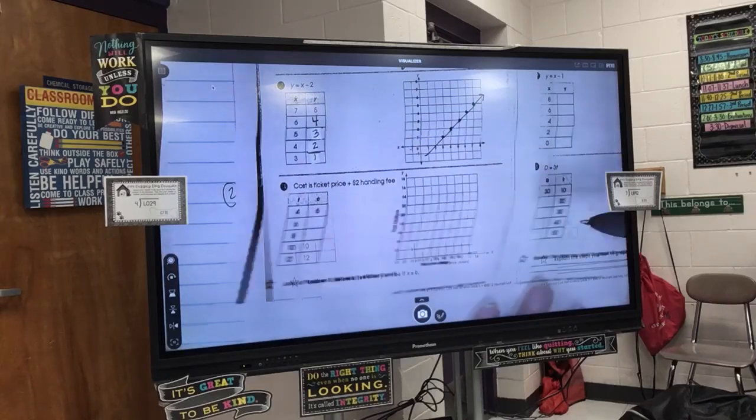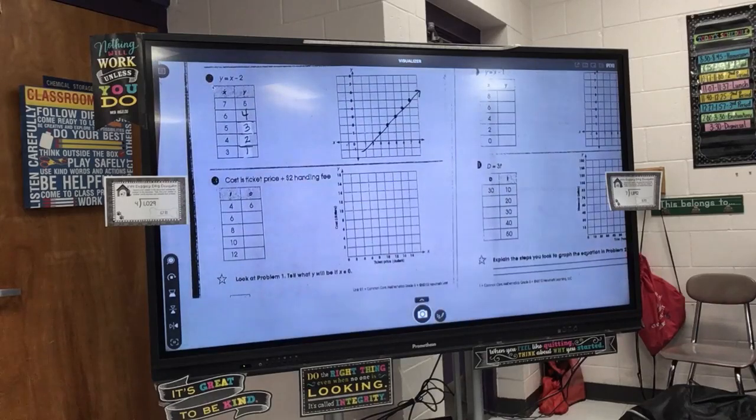So over here, where it says D equals 3 times T, it's backwards. It's okay. Because the T is still what variable? Independent. The X. It's still the independent variable because it's used to determine your dependent variable. Just because they flip it doesn't change anything, right?